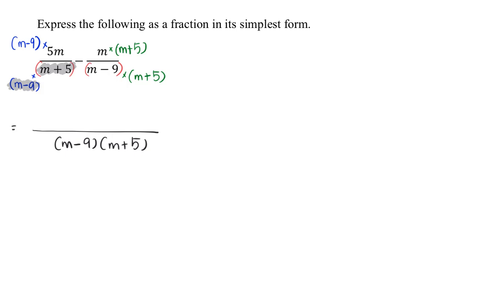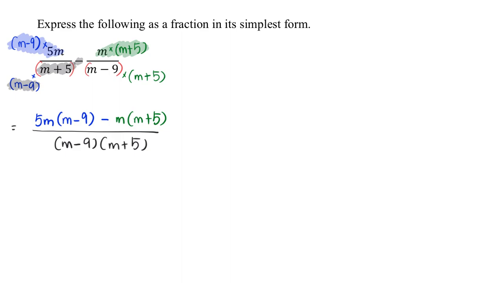Do not expand out first when we are dealing with so many algebraic expressions. So I would actually write them down neatly first. Minus, so I will have a minus. This will be m times m plus 5.